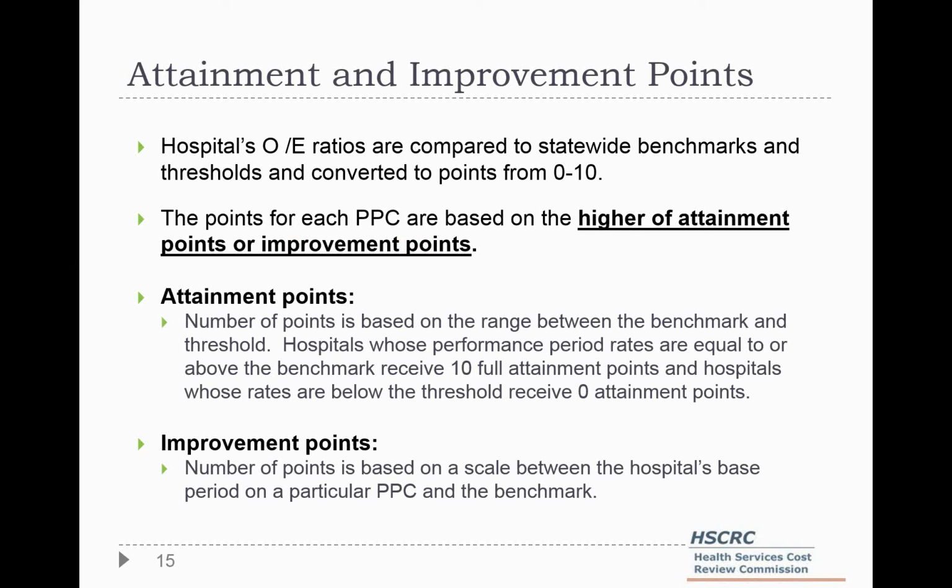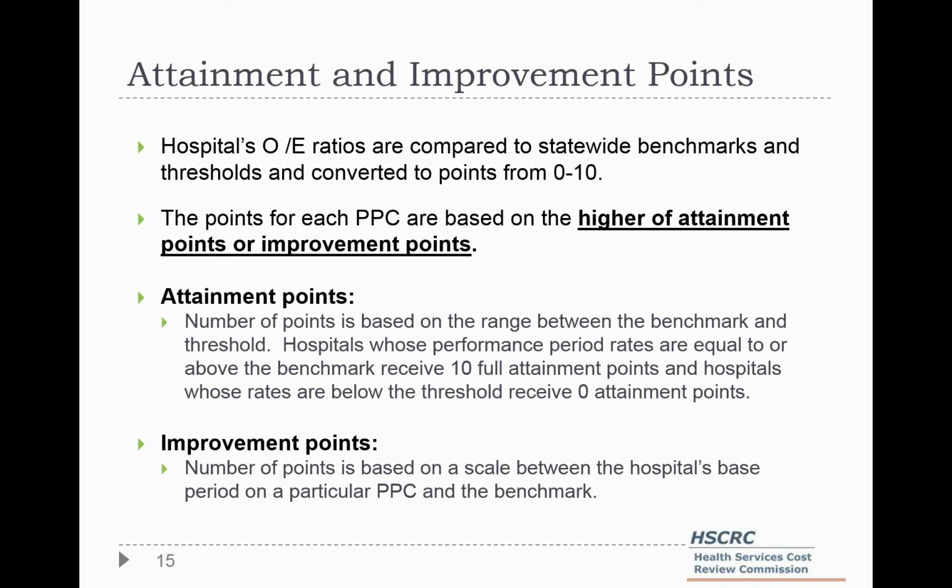So for attainment points, the number of points a hospital will receive is based on the range between the benchmark and threshold. And on the next slide, I'll show you the formula for how to calculate this. However, hospitals whose performance period rate is equal to or below the benchmark will receive full attainment points.